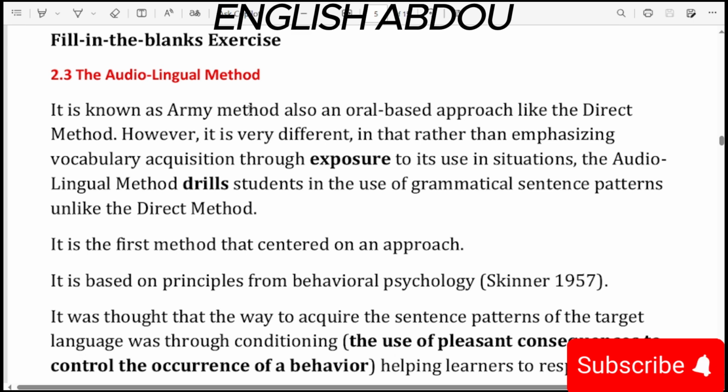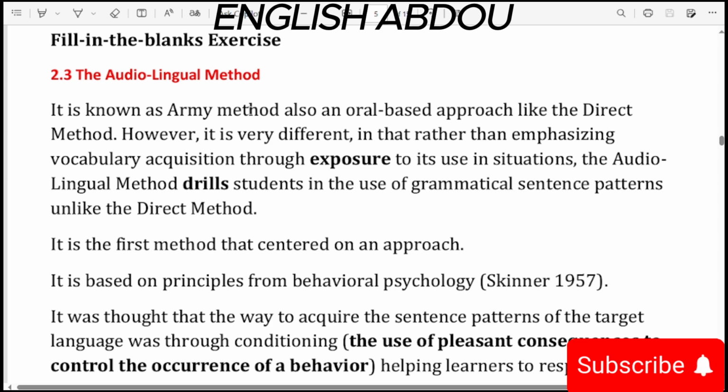The Army method comes from the story of when the American army sent its soldiers in the Second World War. So there was a need to speak target languages in a fast way.